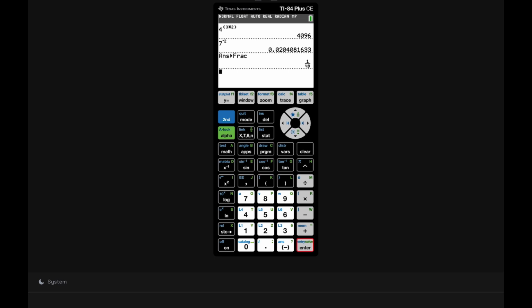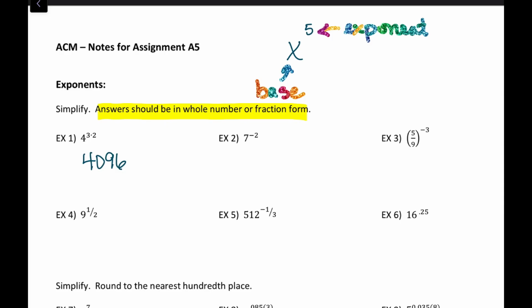And now you can see the answer 1 over 49. So this equals 1 over 49. So on this one, we want to hit math, enter, enter. That's a nice one to know because you'll get to use that throughout the rest of the semester.